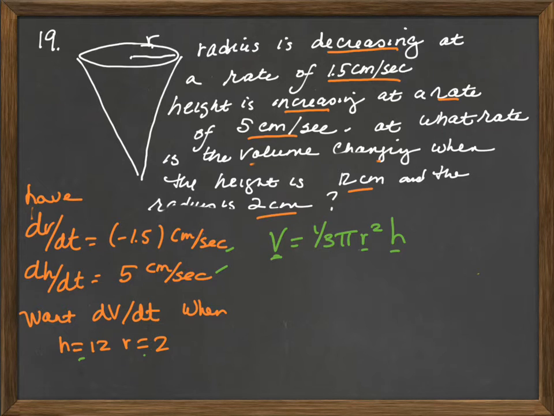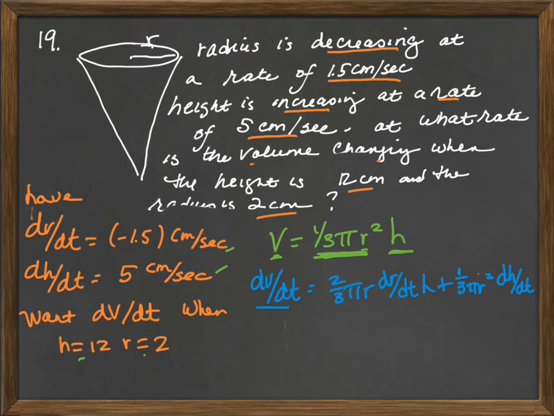We can just do the whole thing, but we are going to have to use the product rule, this times this. So let's differentiate it. dV/dt is equal to 2/3 pi r dr/dt times h, plus 1/3 pi r squared, that's the first one, times the derivative of the second one, which is dh/dt.